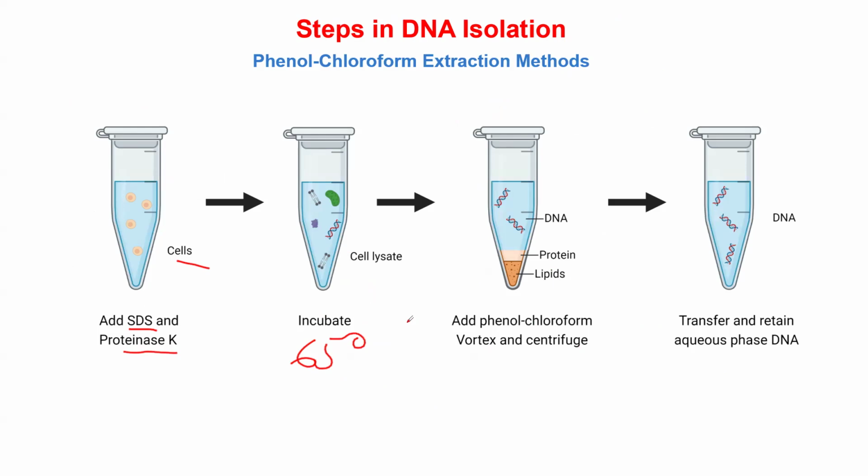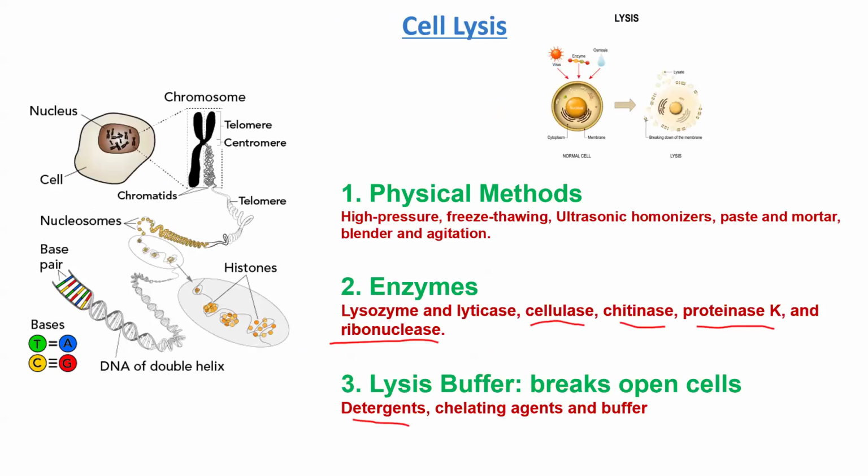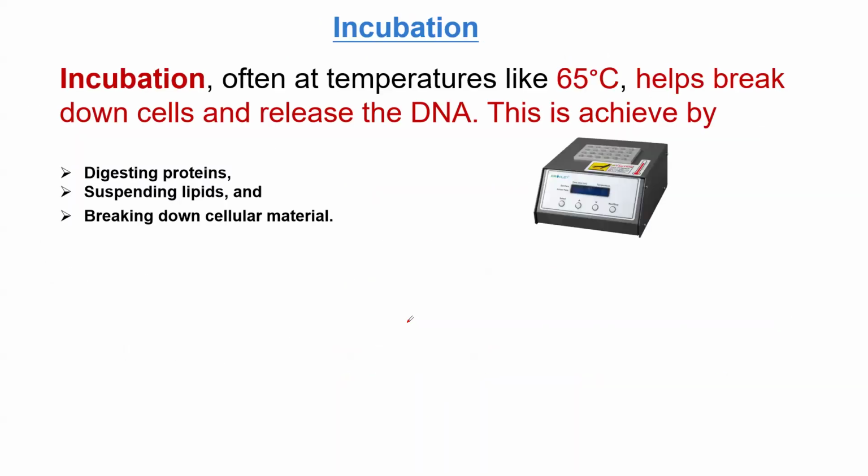After this, you incubate. So then the next thing after this incubation, ladies and gentlemen, you can see clearly, the incubation is usually carried out in an incubator. So you can take your DNA in the tubes and then you set this incubator at 65 degrees centigrade, and then you add your DNA here.